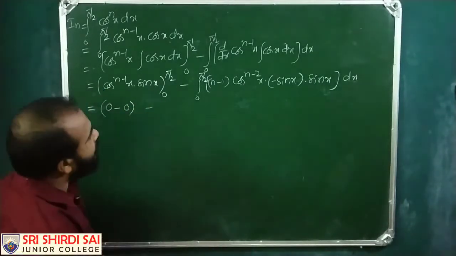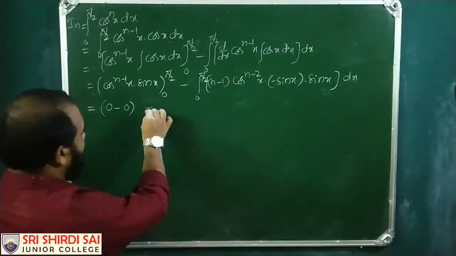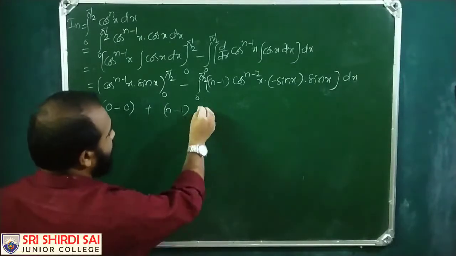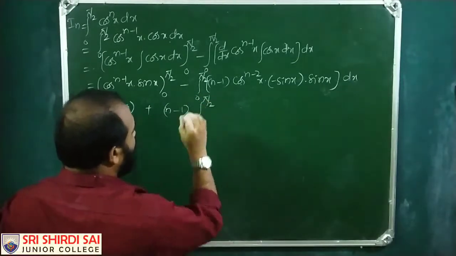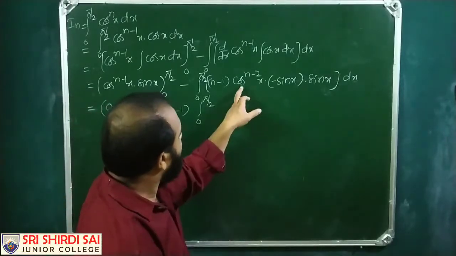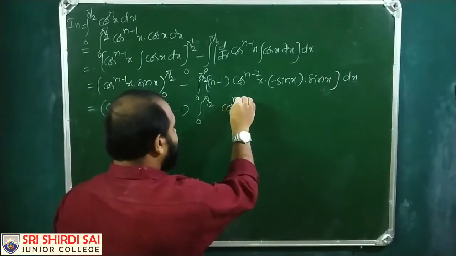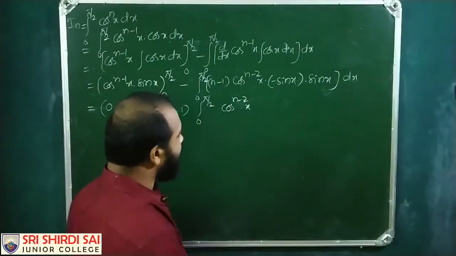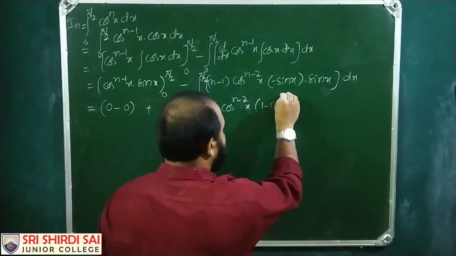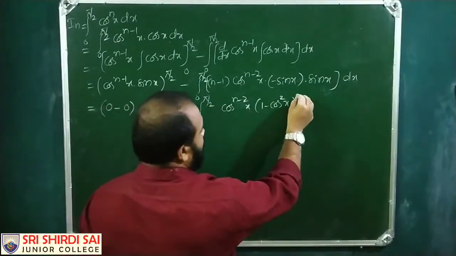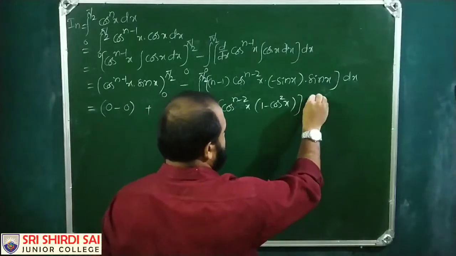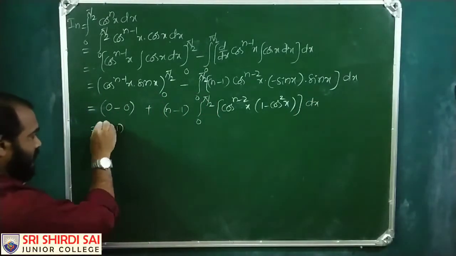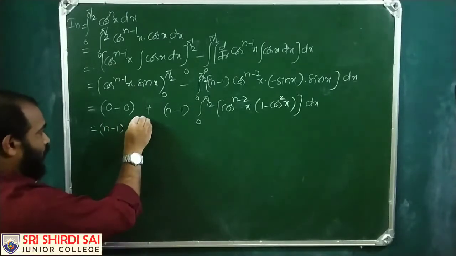So minus into minus is plus. N minus 1 I am separating from the process of integration. Integral 0 to pi by 2, so here cos power n minus 2x into sin x into sin x is sin square x, which can be written as 1 minus cos square x, whole dx. Okay, so this equals n minus 1 integral 0 to pi by 2.